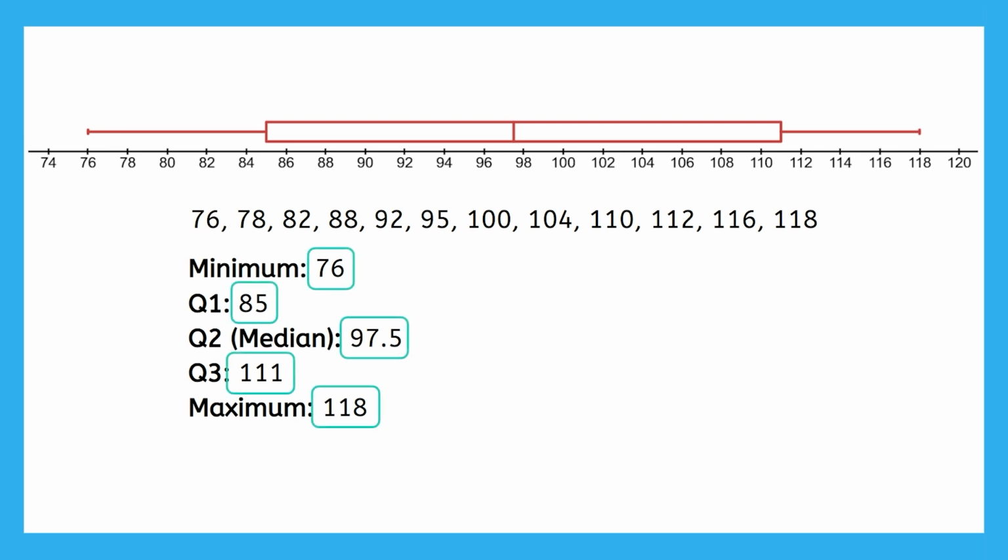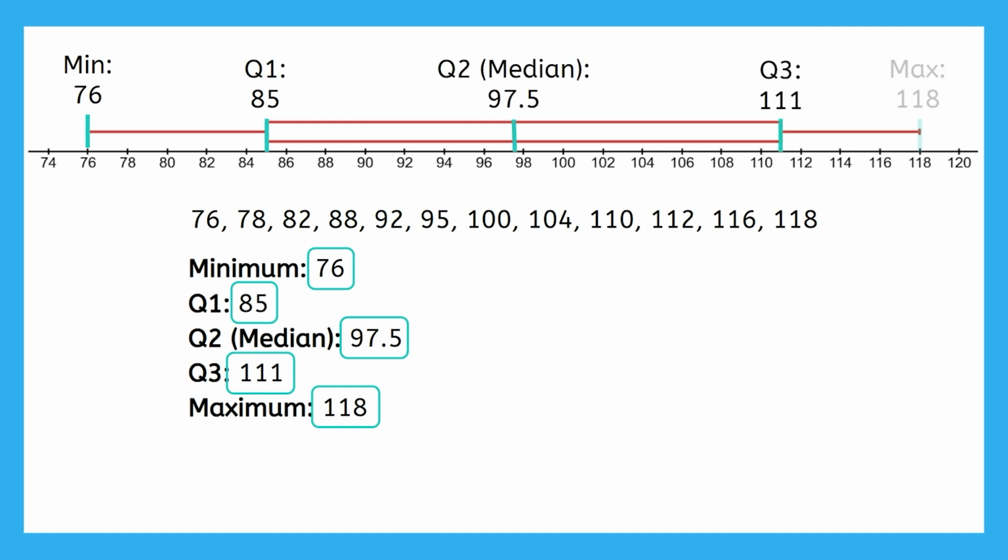You might have noticed that each of these 5 numbers coincides with where each of the 4 sections starts and ends. The minimum of 76, Q1 of 85, Q2 or median of 97.5, Q3 of 111, and the maximum of 118. What does each of the sections of the box plot represent?